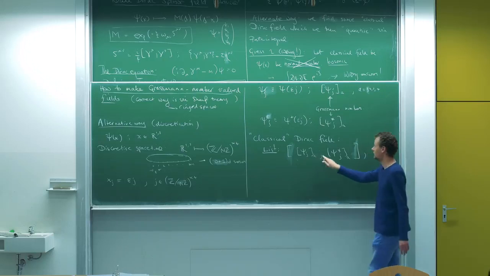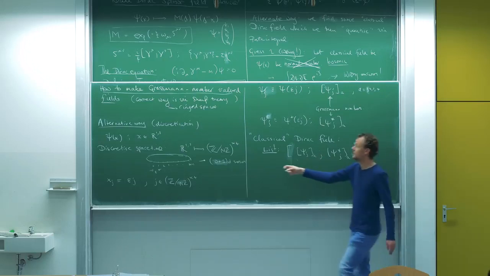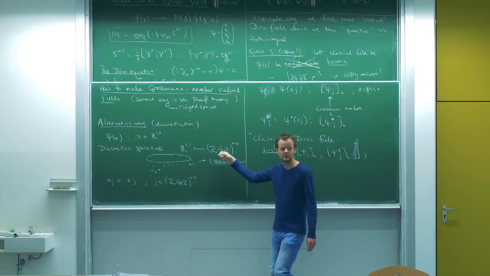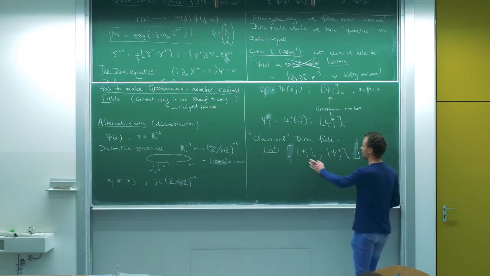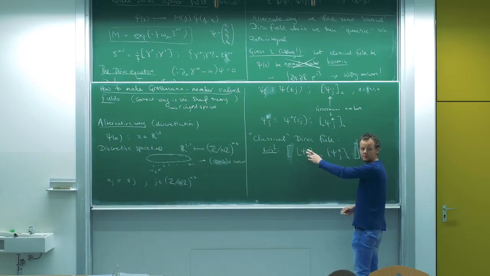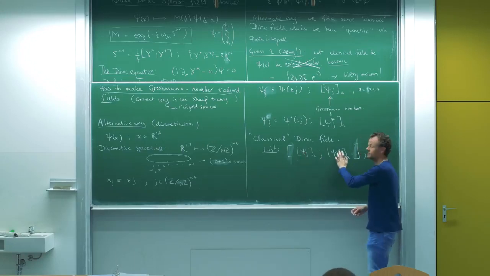And how many of these Grassmann numbers are there? Well, there's n to the power 4 sites. Times, at each site we have a list of 4 psi variables and 4 psi star variables. But remember, they're just independent Grassmann numbers, psi and psi star.